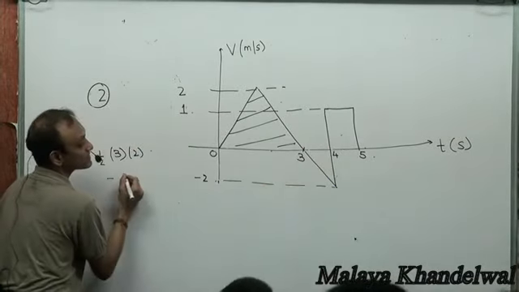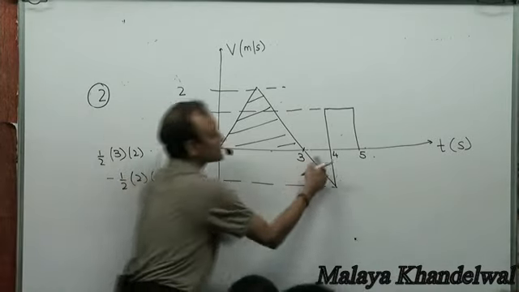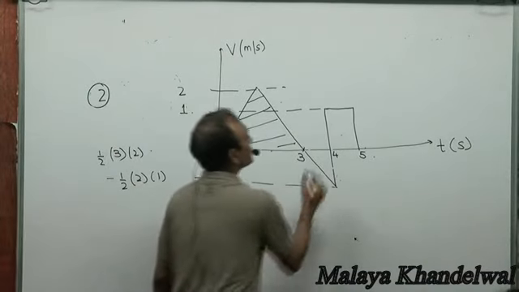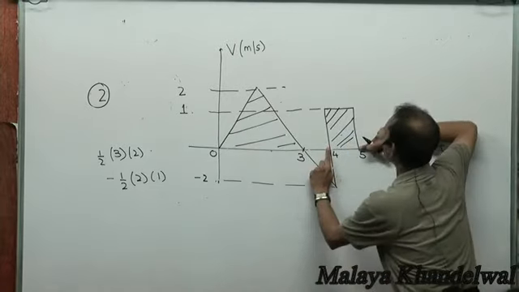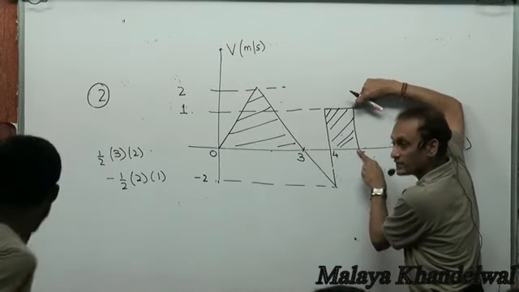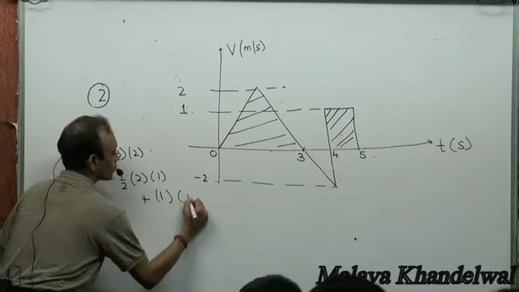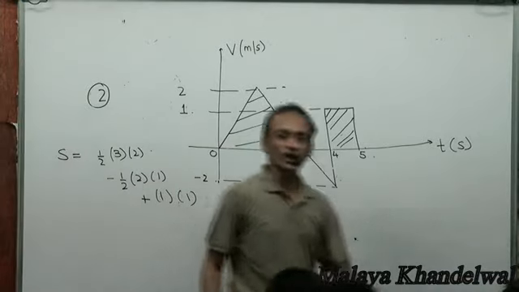So minus half of 2 into 1 is this area, subtracted because it's below the time axis, and then plus this area. This is 1 unit into 1 unit. Yes or no? That's a displacement. Clear?